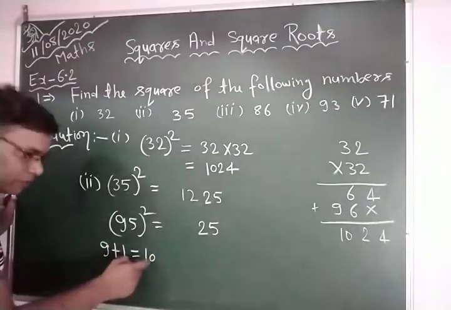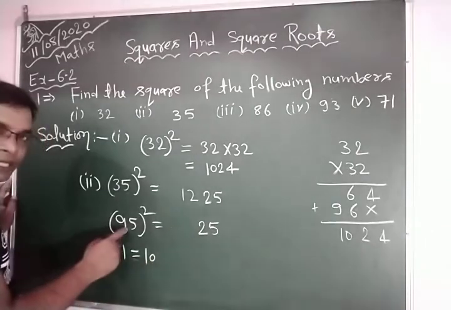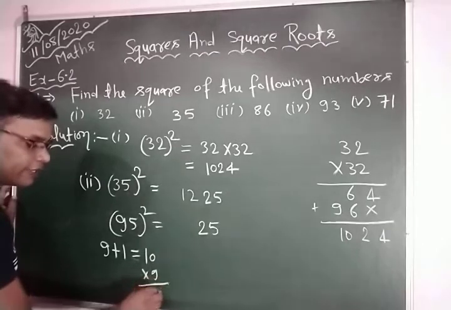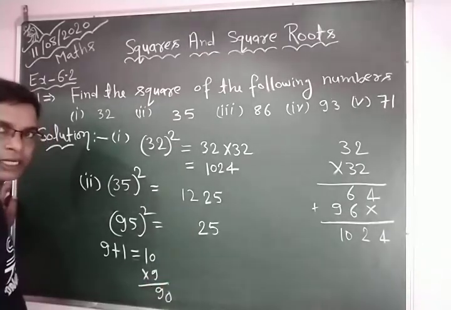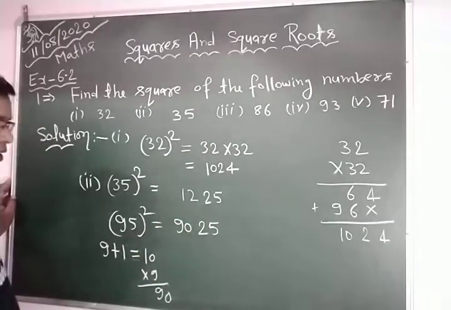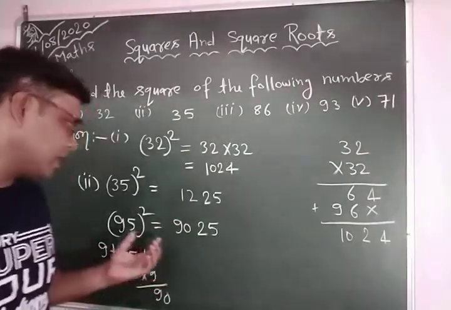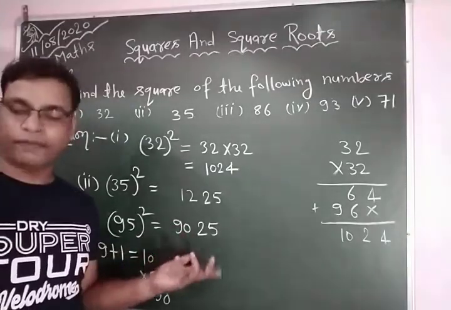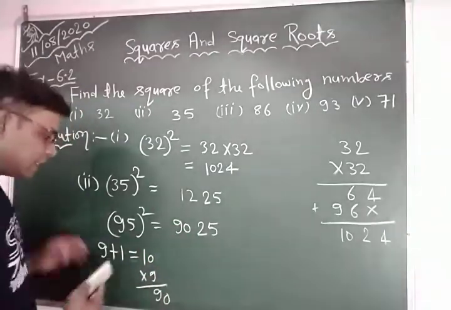After this we multiply this 10 by this 9. 10 into 9 is equal to 90, so you write 90. So the square of 95 is 9025.